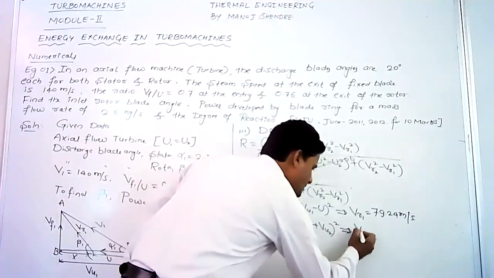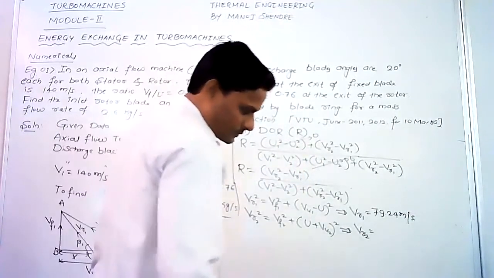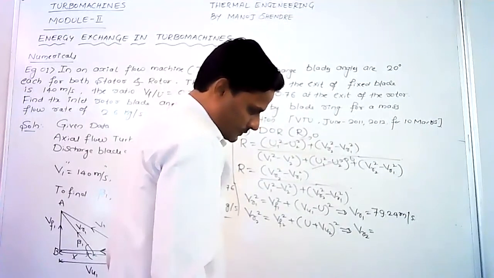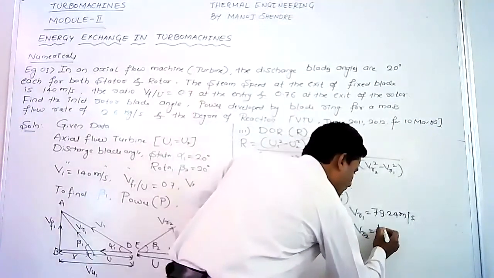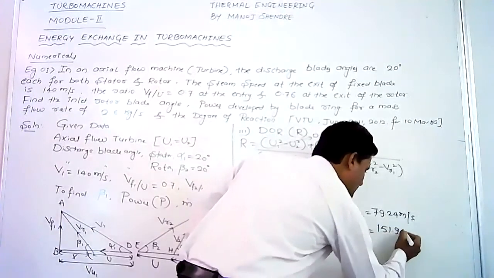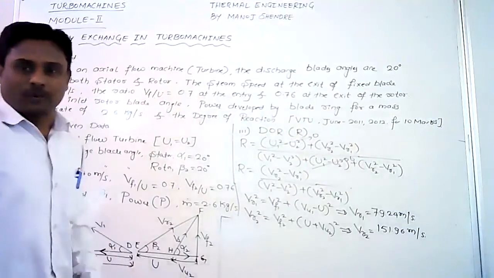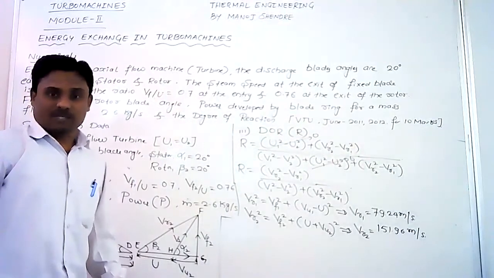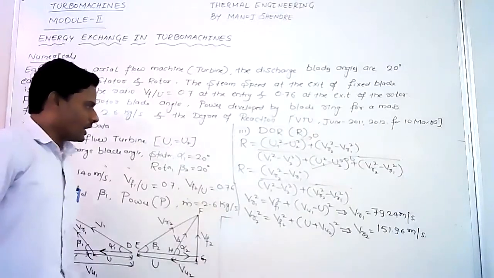So the expected answer for VR2 is 151.96 meter per second. Okay, so this is the answer for VR.